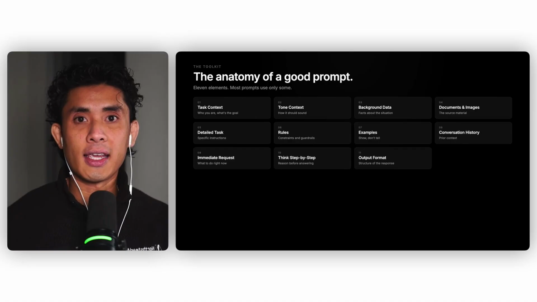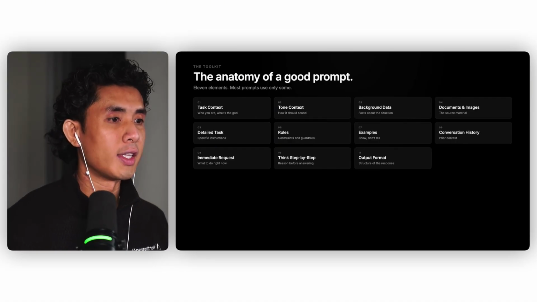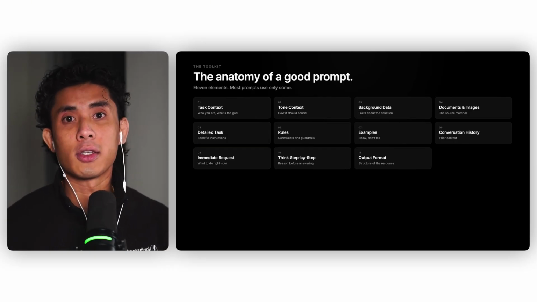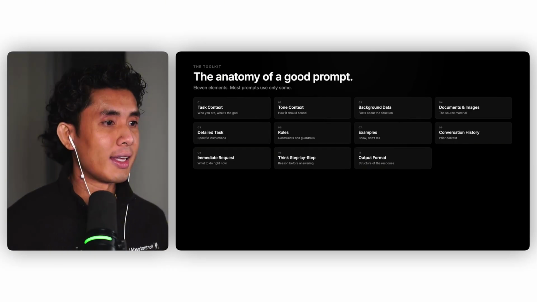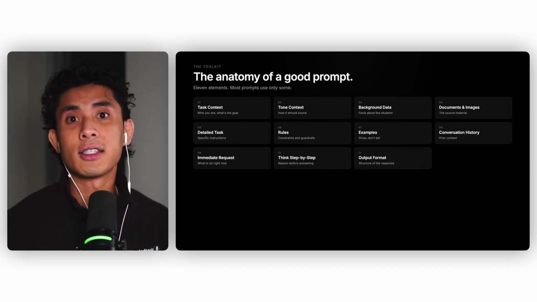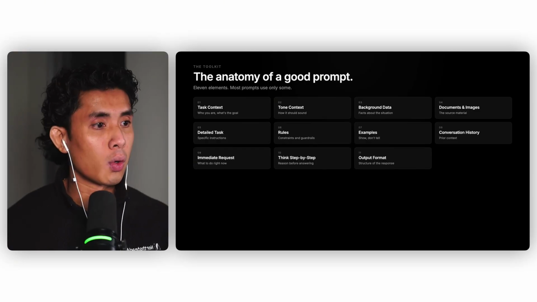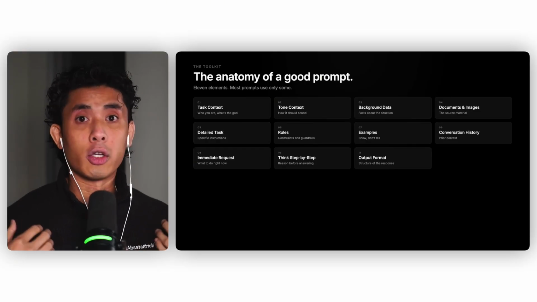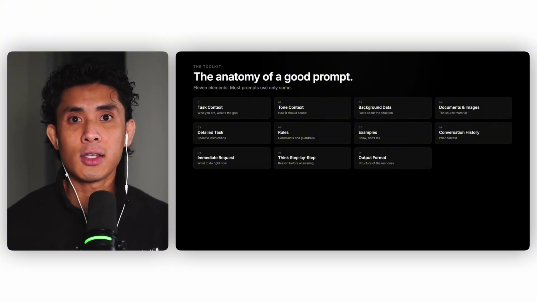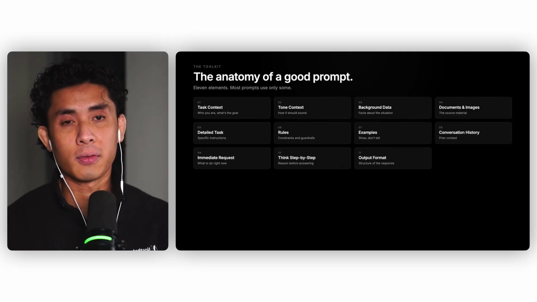This isn't to say that your prompt will need to include every single one of these elements for it to be a quote unquote good prompt, because what we're going to talk about later is good is so subjective and context dependent on what you are working on. So I can't tell you what a good prompt is because I don't know what your specific use case is or what you're using that specific prompt to try and achieve.